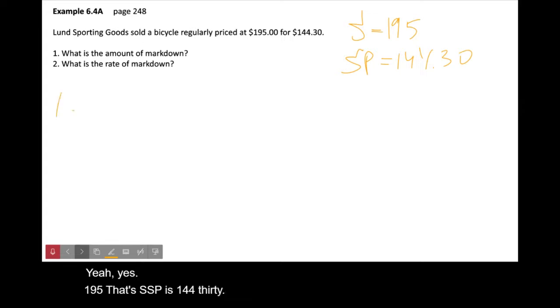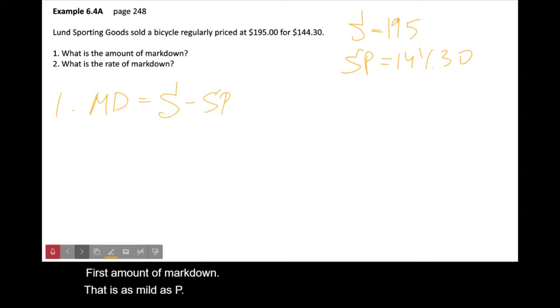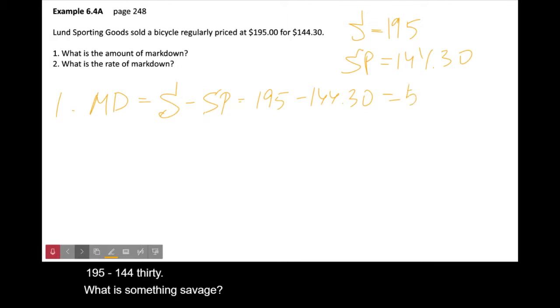So first amount of markdown, that is S minus SP. 195 minus 144.30. What is it? $50.70.